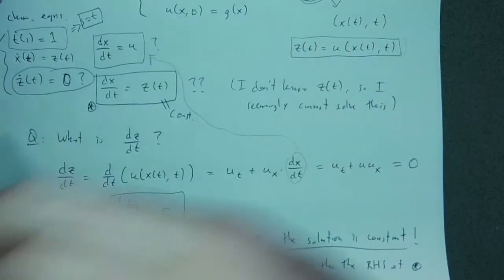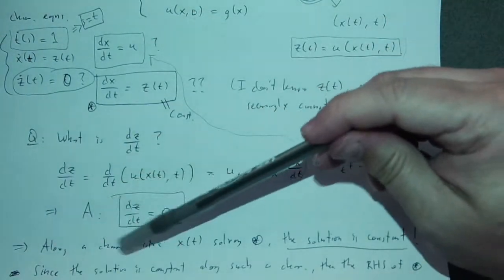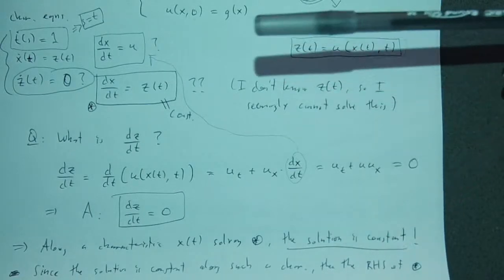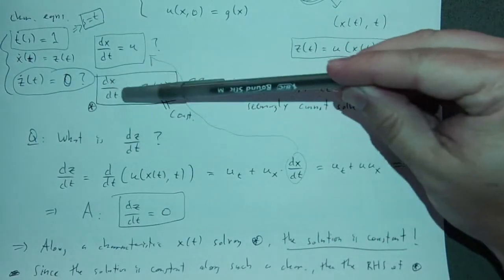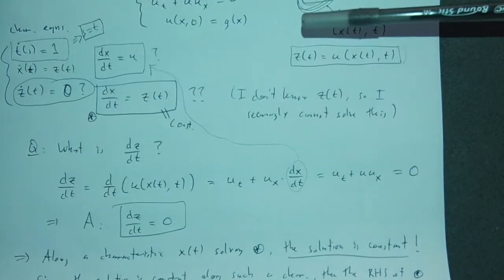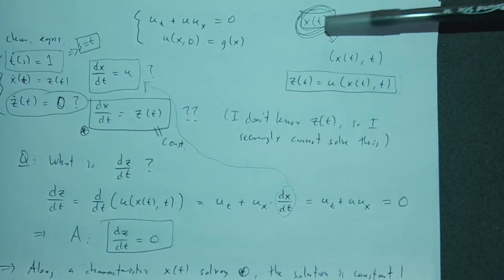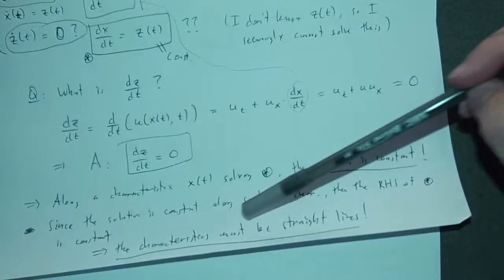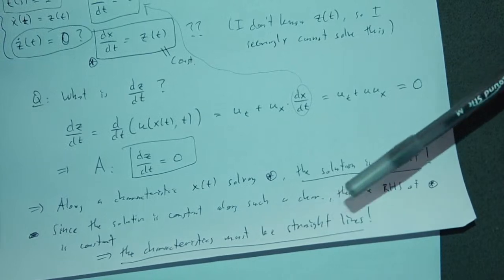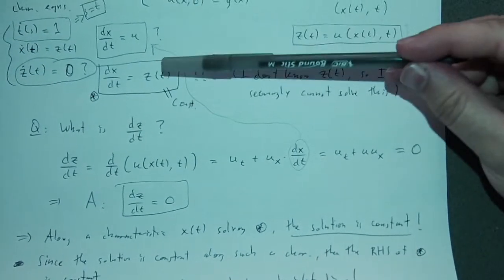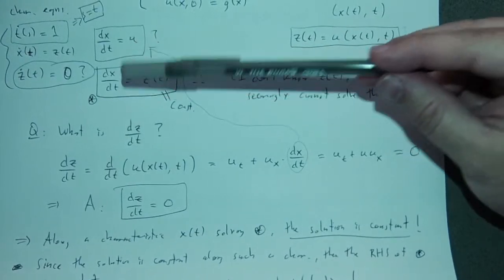Well, let's go back and think about this. The solution is constant, but that constant is dx dt, which is the slope of the line tangent to the characteristic curves. But wait, the characteristic curves are straight lines. So the line tangent is just the line. So this constant is the slope of the characteristic lines.